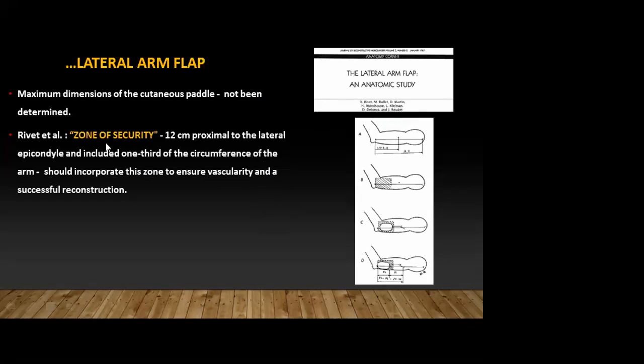But as per Rivet et al., the zone of security is 12 centimeter proximal to the lateral epicondyle, including one third of the circumference of the arm. This is the lateral epicondyle, and in the second picture, B, we can see the zone of security. So whenever we harvest a lateral arm flap, incorporate this zone of security to ensure vascularity and a successful reconstruction.